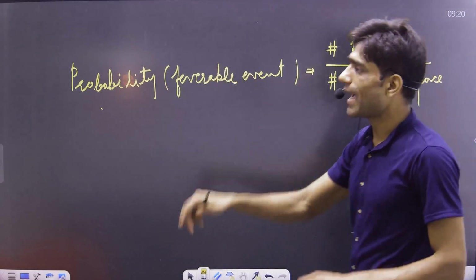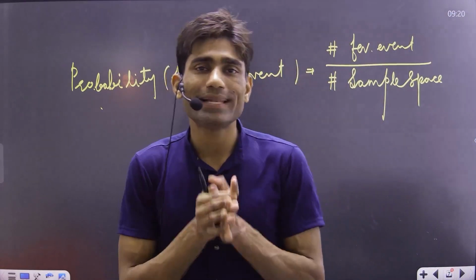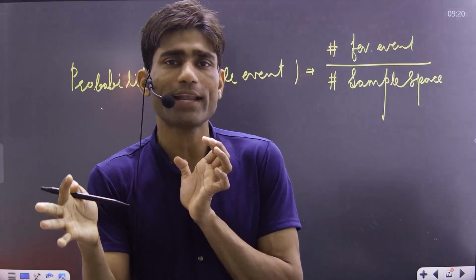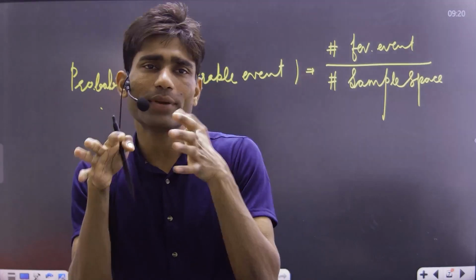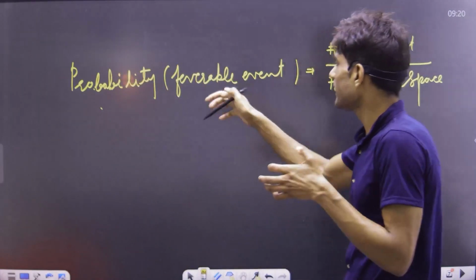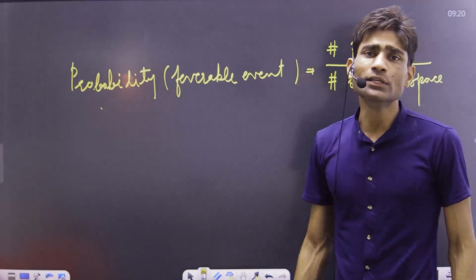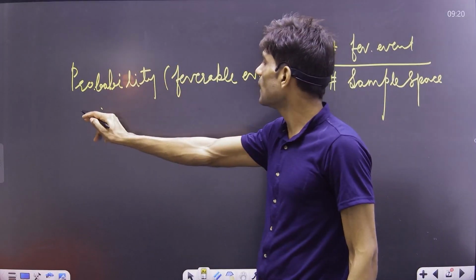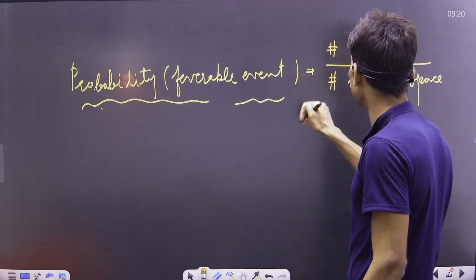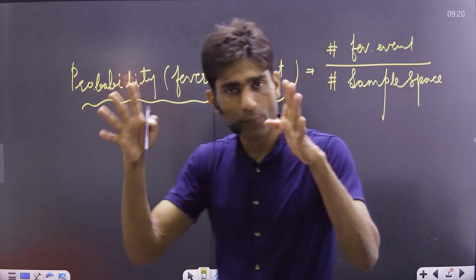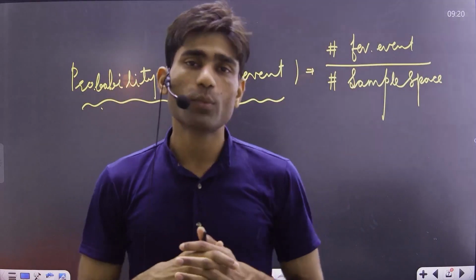This is actually the meaning of probability. So whenever you have to find the probability of any event, or define any favorable event, we consider the probability of a favorable event as the number of favorable events divided by the number of elements in the sample space.